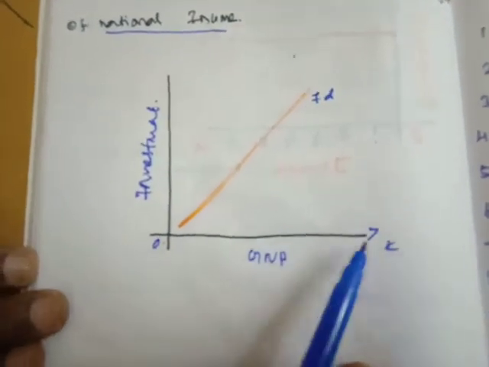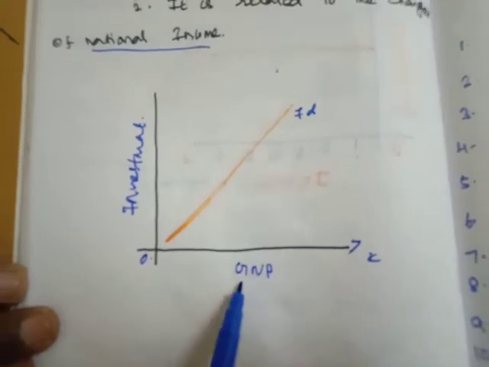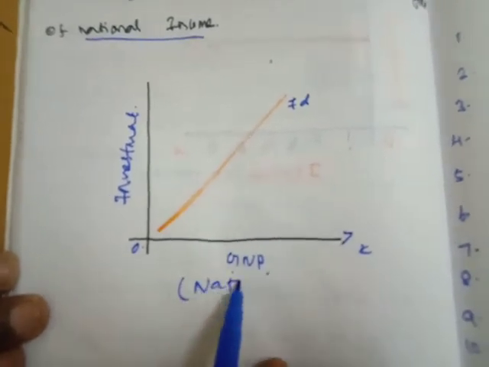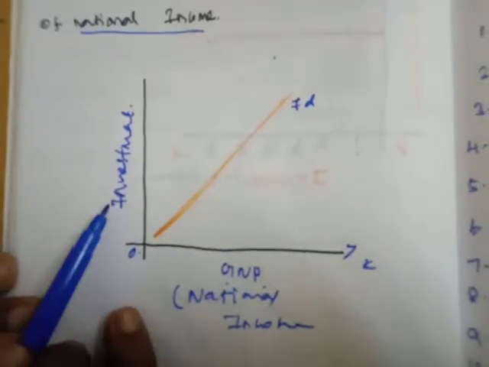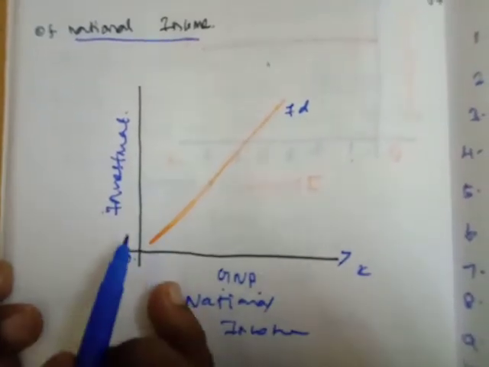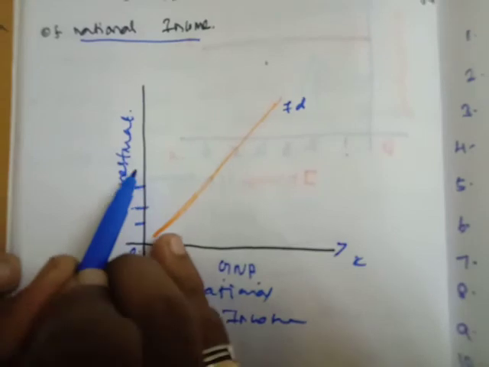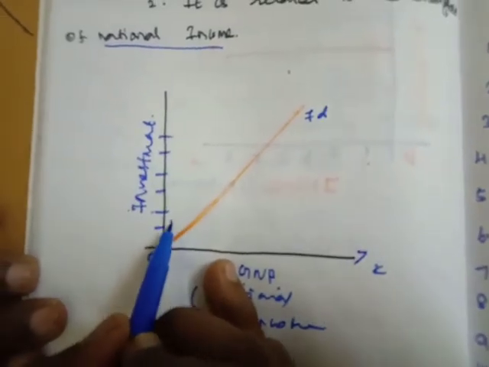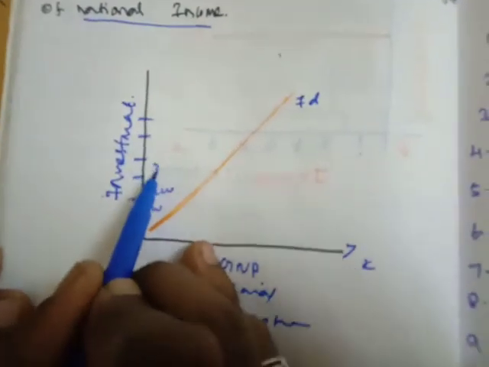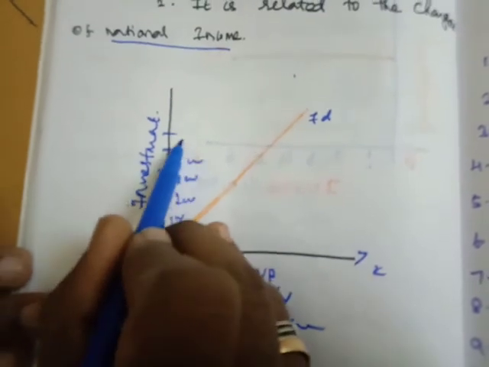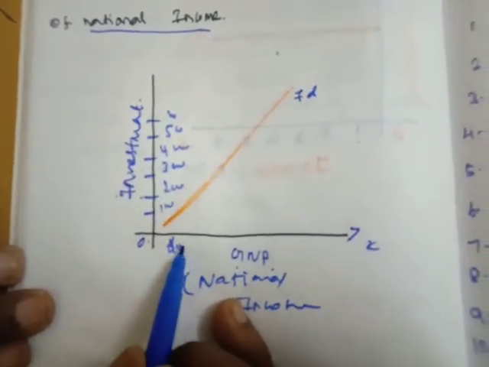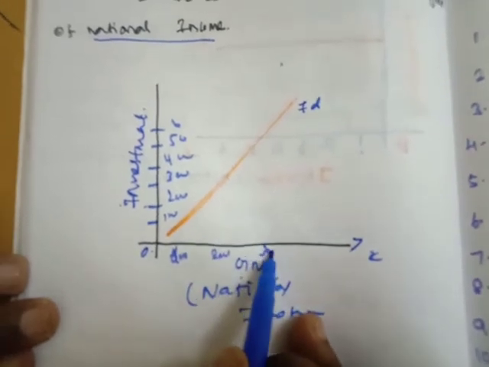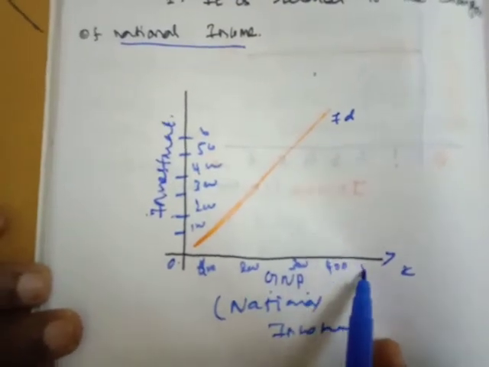The x-axis represents gross national product, that is national income. The y-axis represents investment. When investment is increasing, investment increases to 100 crores, 200 crores, 300 crores, 400 crores, 500 crores, 600 crores. The national income is also increasing: 100, 200 crores, 300 crores, 400 crores, 500 crores.